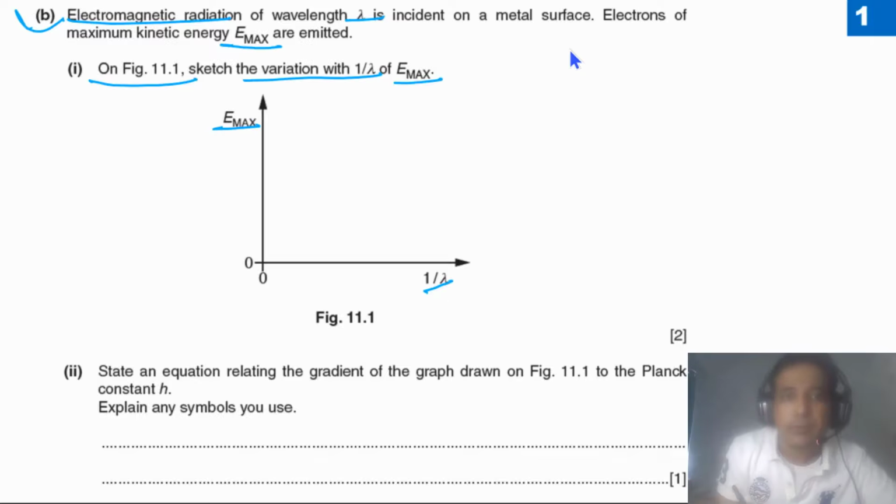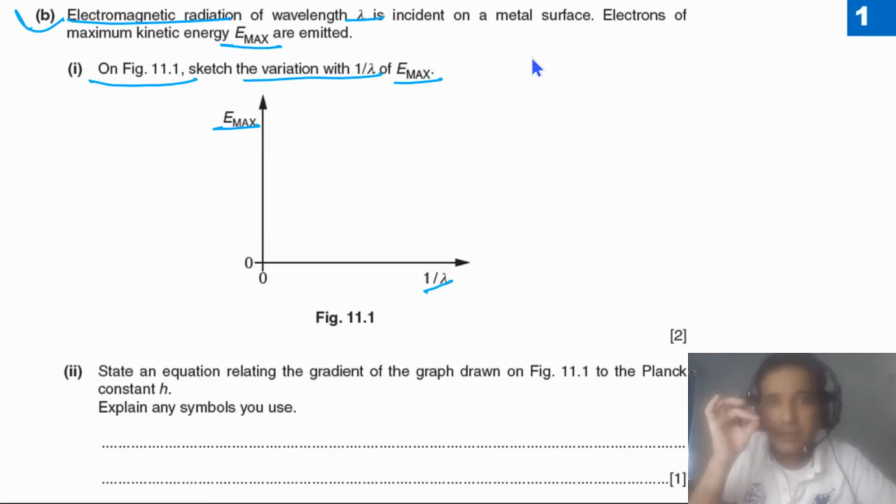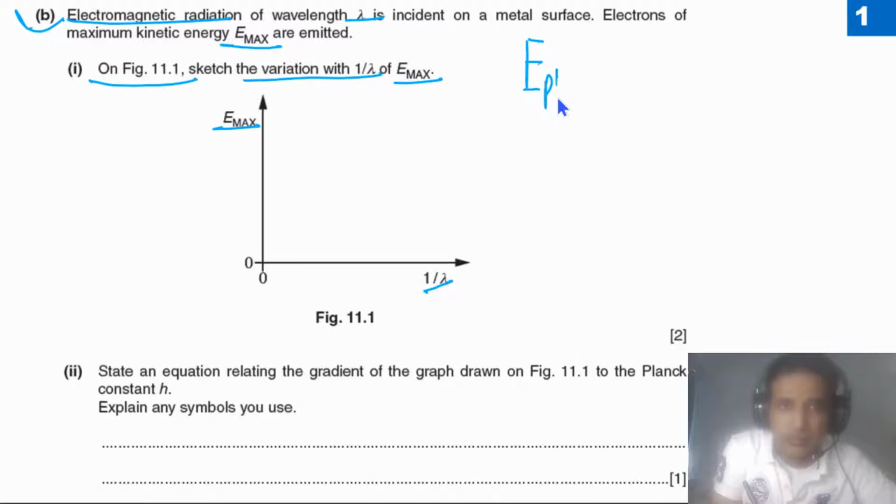So for this purpose you have to use Einstein's photoelectric effect equation, and this equation is the fundamental equation for this whole chapter, so it's very important one. So you need to understand the energy of coming photon. This will be distributed between kinetic energy max.